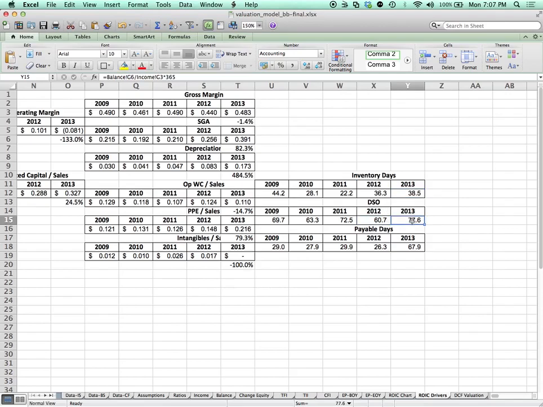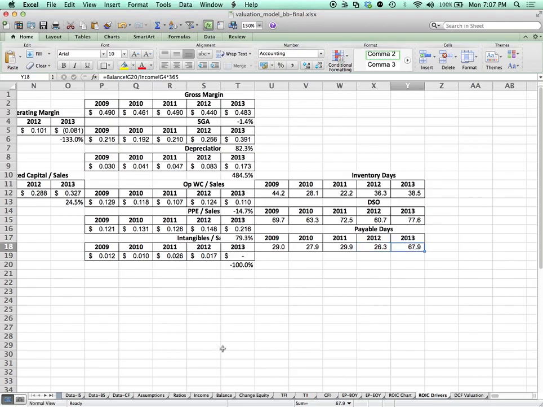That doesn't help working capital either. Payable days to vendors went from 26 to 68. That helps working capital. So the way BlackBerry actually got a bunch of cash is they stopped paying their bills. They went from a little under 1 month to a little over 2 months.